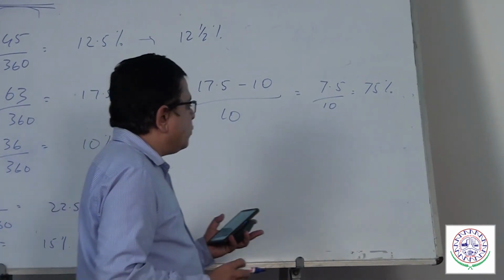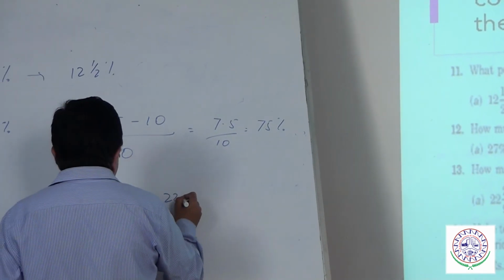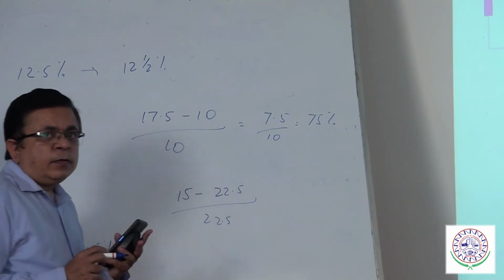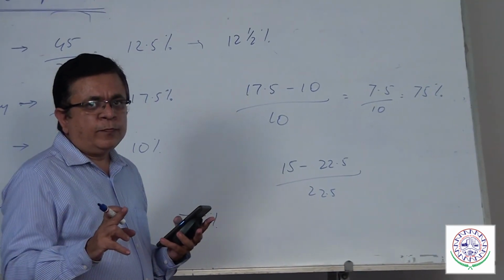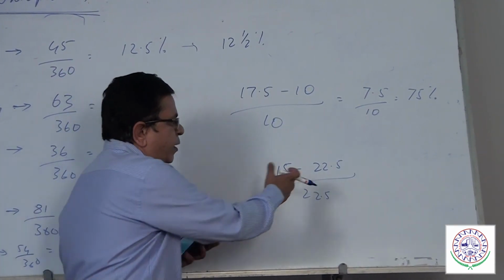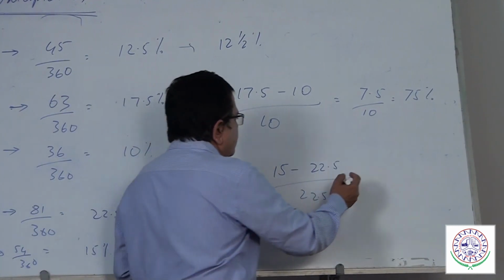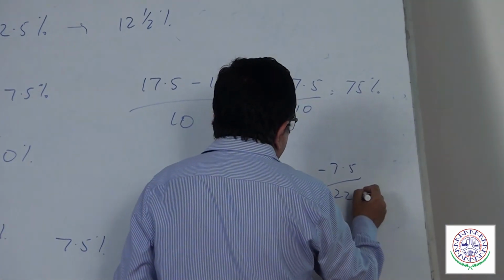Question is not how much more, question is how much less. So that is 15 minus 22.5 divided by 22.5. If the question was how much more, I would have done 22.5 minus 15 by 15. So this is minus 7.5 divided by 22.5.